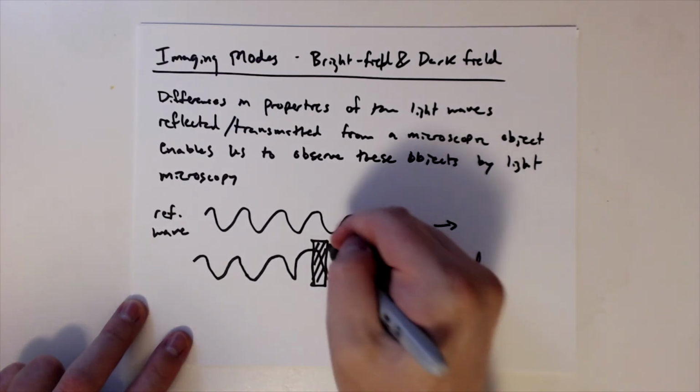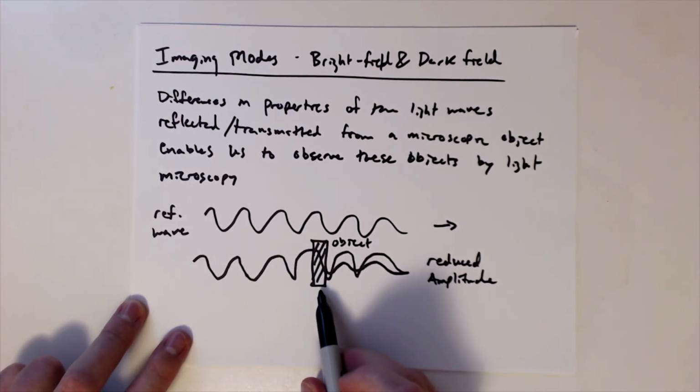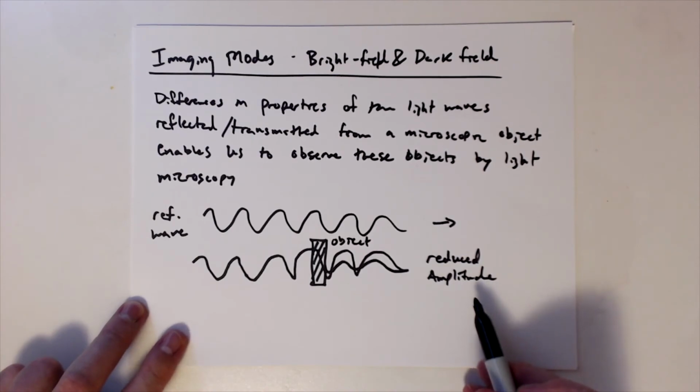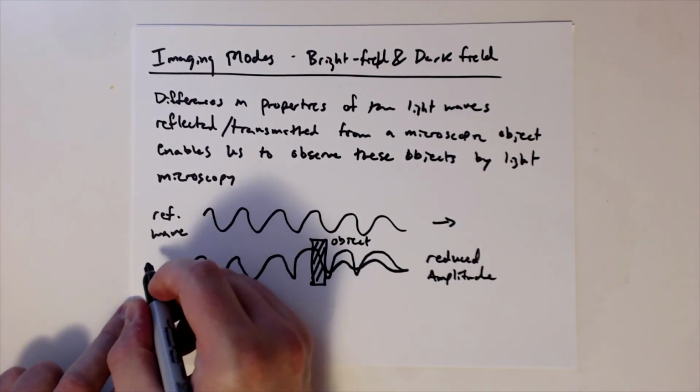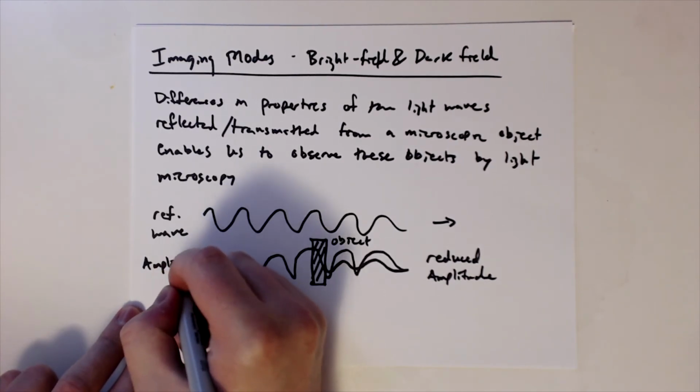Our object is placed in front of the reference wave, and the amplitude decreases. So that's one. This is an amplitude change.